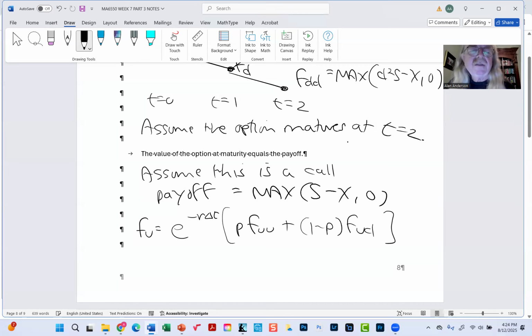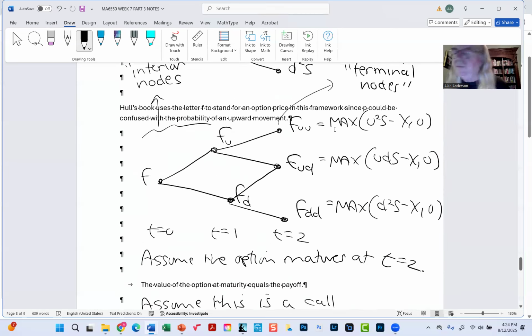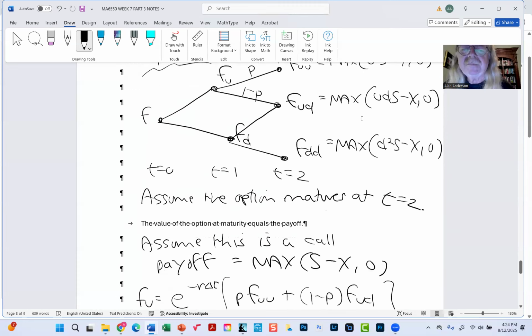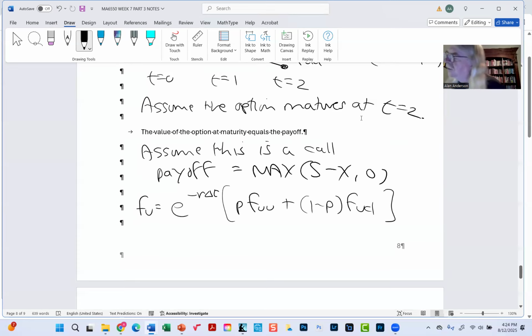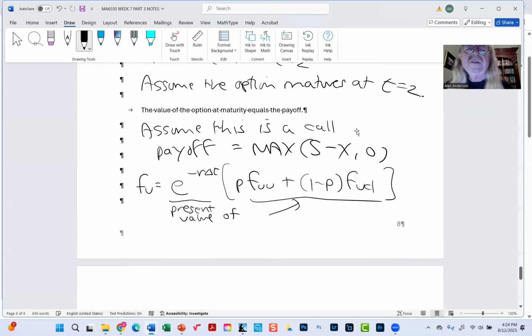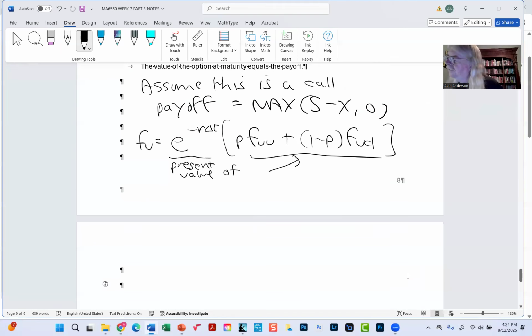So let's break this down a bit. In other words, the probability of moving up is p, down is 1 minus p. If we go up, we'll reach F_UU, and if we go down, we'll reach F_UD. This is the present value of this, which we can think of as the expected payoff.